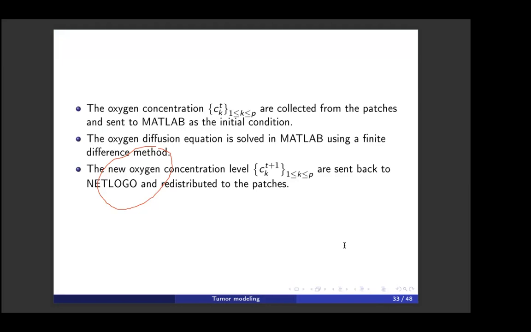The oxygen concentrations are collected from the patches and sent to MATLAB, and we solve the oxygen diffusion equation in order to compute the new concentration using the finite difference method.